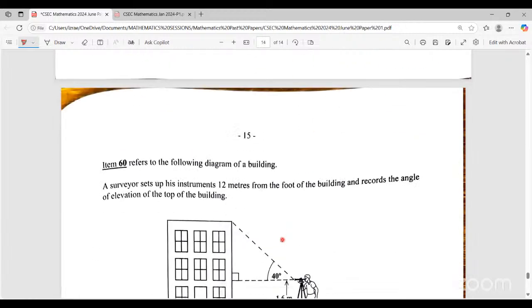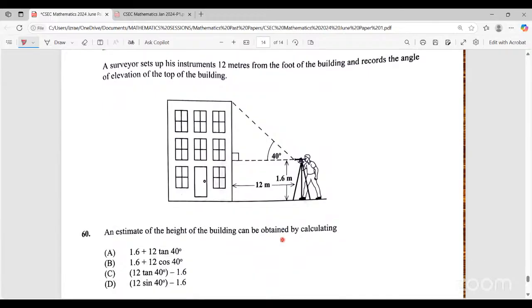Last one. I'm fed up doing this question with the surveyor. What's the height of the building? That's this. What I need to do is get this distance and then just add it to 1.6. All right, so to get this height, let's say I call this Y for now. What I could say is tan 40 is Y over the adjacent, which is what, 12?